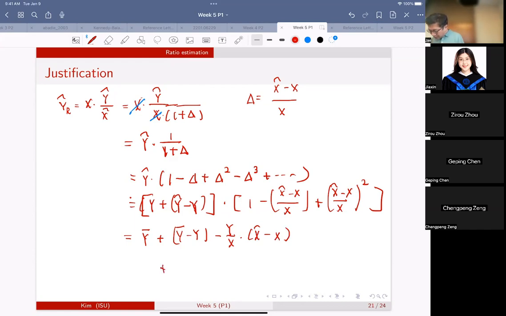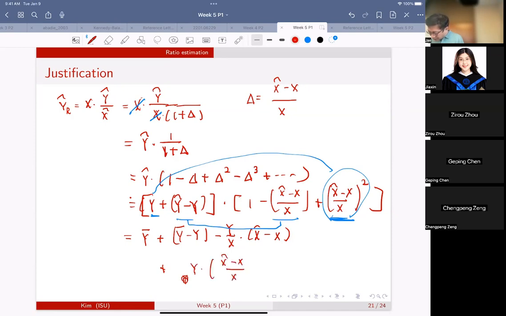And then the second order term: how to compute it? This is second order, this is first order, first order. First order times first order, you get second order, and second order times constant, you get another second order term. So your answer will be y over y times x hat minus x over x squared, and then minus x, 1 over x hat minus x, y hat minus y.